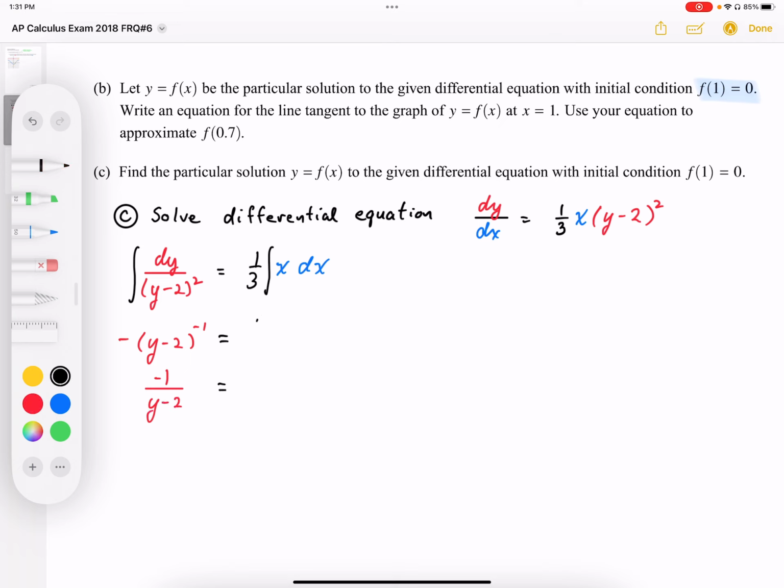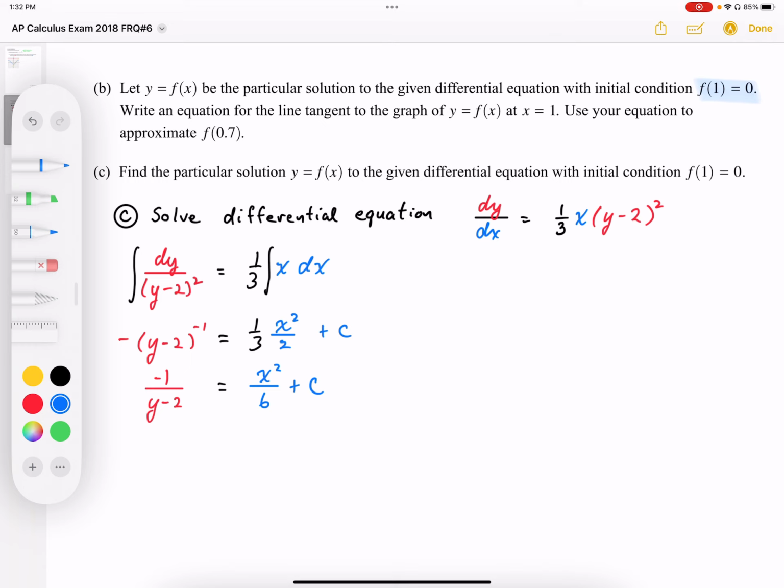On the right-hand side, I'm going to have 1/3 x squared over 2, and then plus c. Simplifying this, I'm going to end up with x squared over 6 plus c.